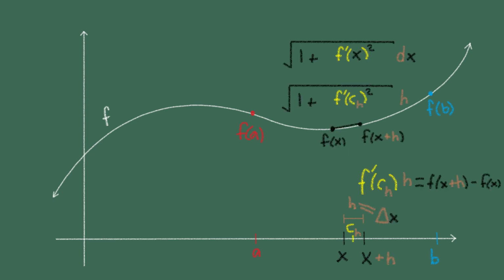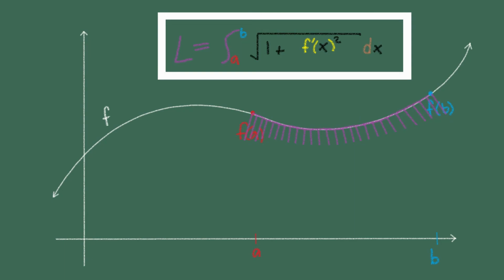What's great here is that we can now integrate this derivative to find the true arc length formula. That is, L is equal to the integral from a to b of the square root of 1 plus f prime of x squared dx.